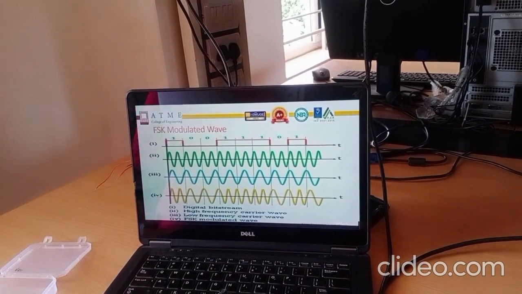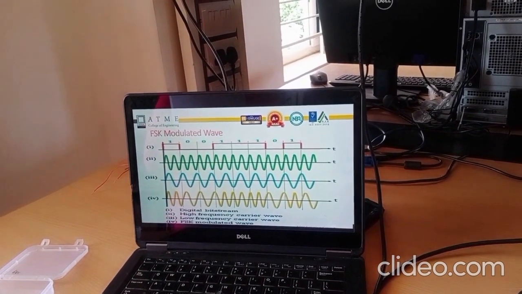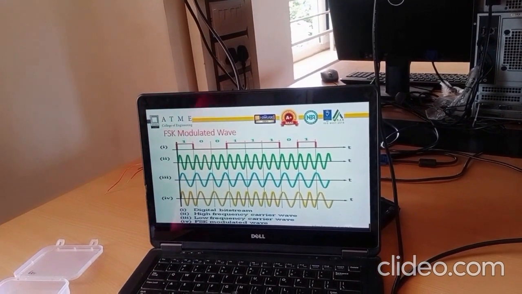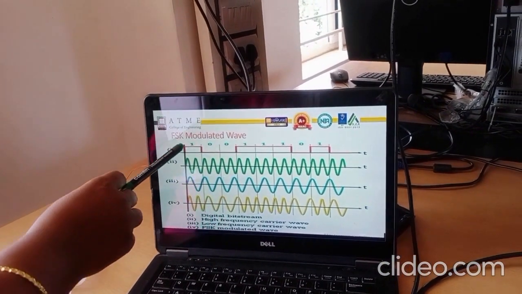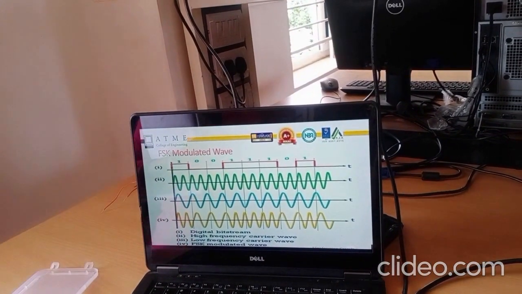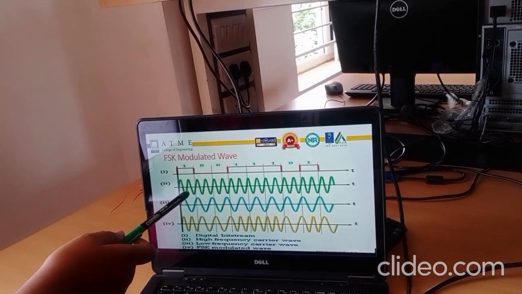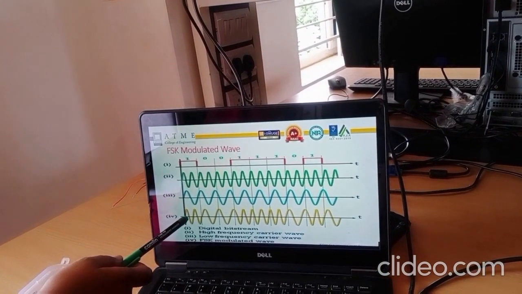This is the output of the FSK modulated wave that we will be getting in the laboratory. We have an input, that is the data stream, and we will be giving two different frequencies, one higher frequency and one lower frequency. This is the FSK modulated wave.